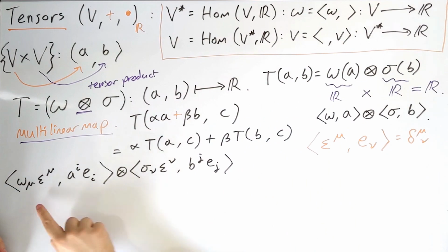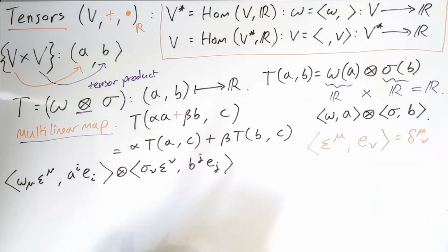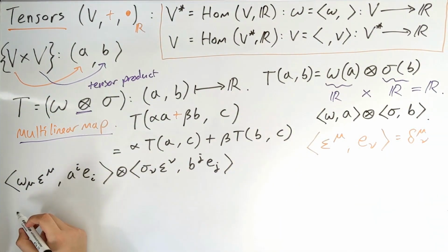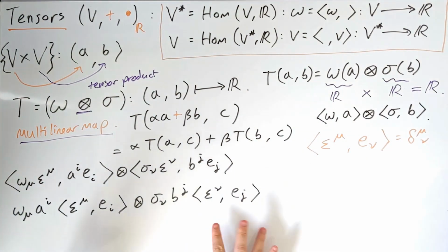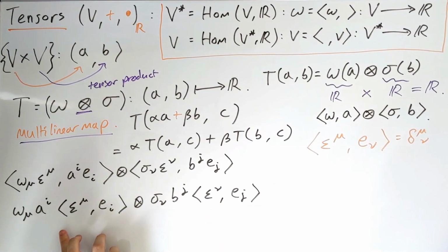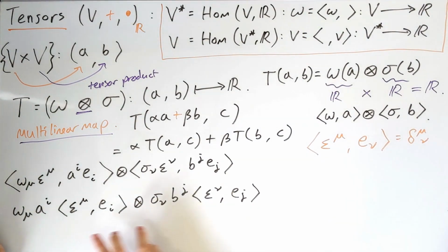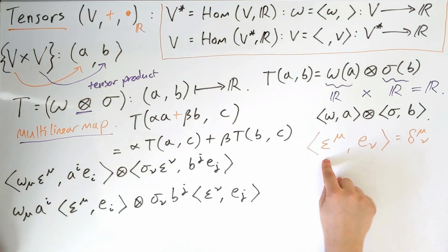Now we know because this map has to be multilinear, we can just pull all the scalars out as we would expect. And now we're left with something which we know how to compute entirely, since we have defined how the basis vectors map using this rule.